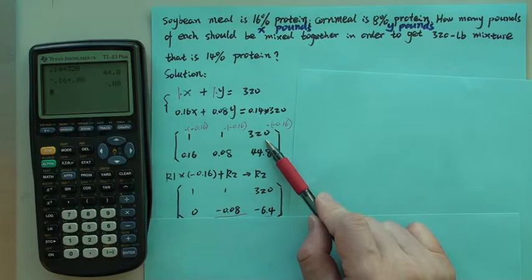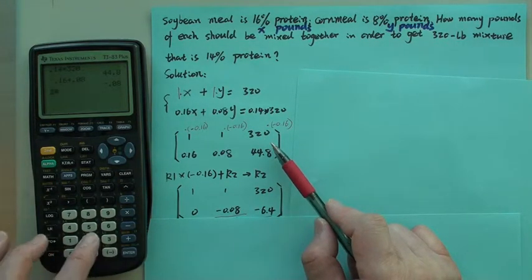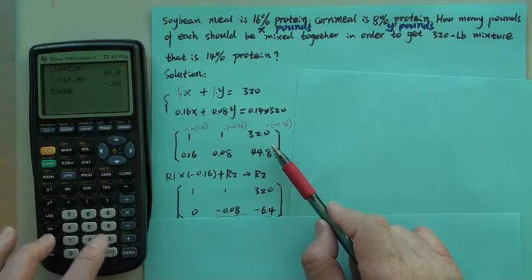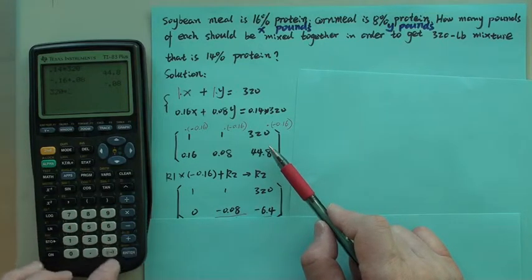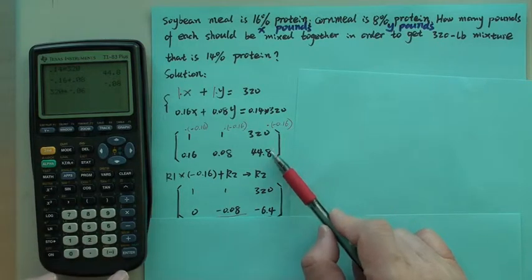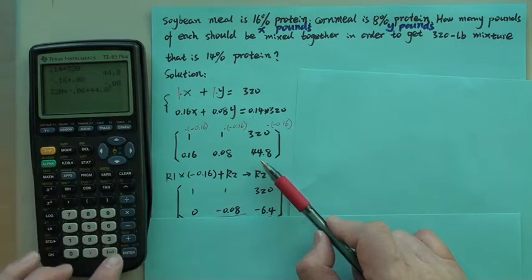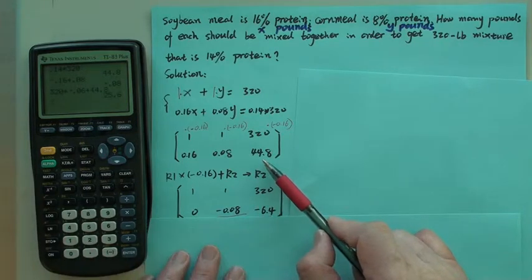And for this number, we have 320 times negative 0.16, and then you add 44.8.